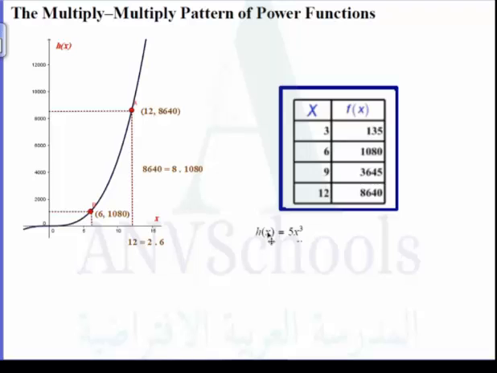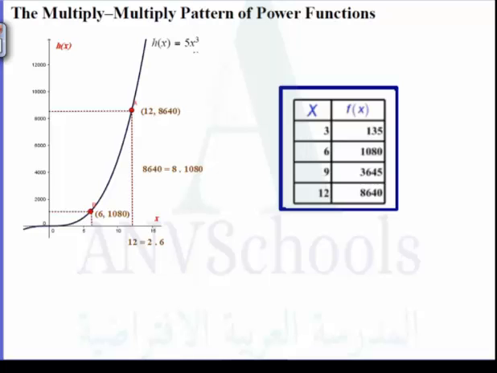h of x is equal to 5x cubed. So this is our function. Now let us investigate the given table for the function h of x is equal to 5x cubed. If our x is equal to 3, then our f of x is equal to 135.